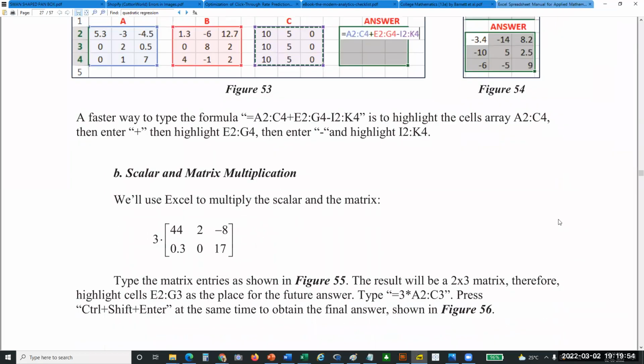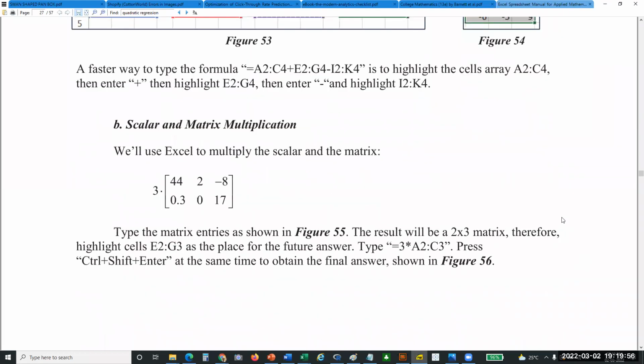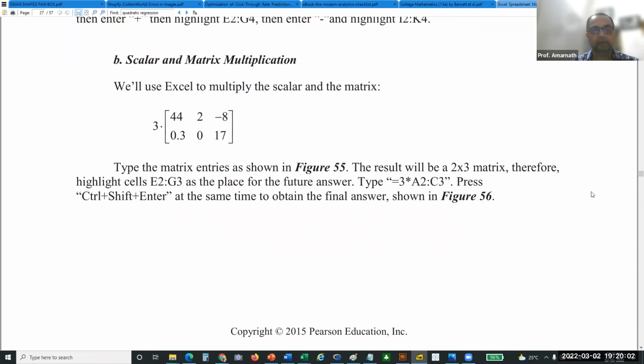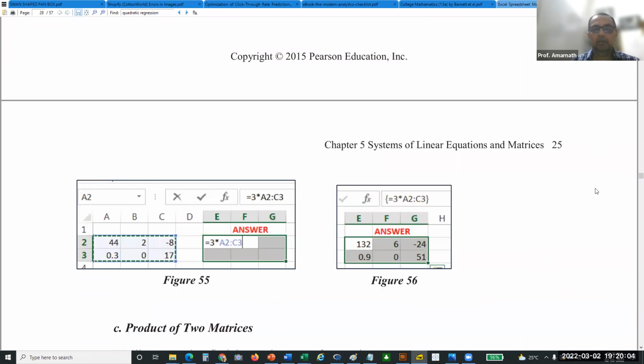So let me move to the next portion. We'll do scalar and matrix multiplication, and we'll use Excel to do what we need to do here. Let me take it here.